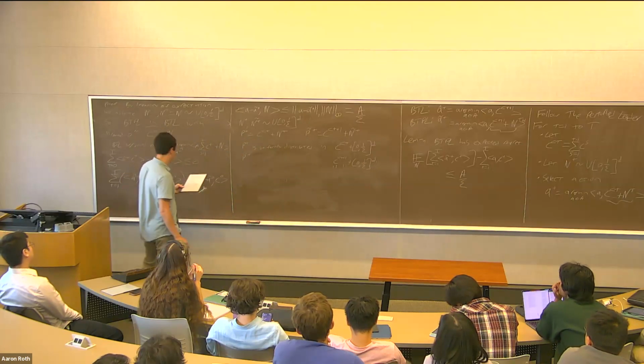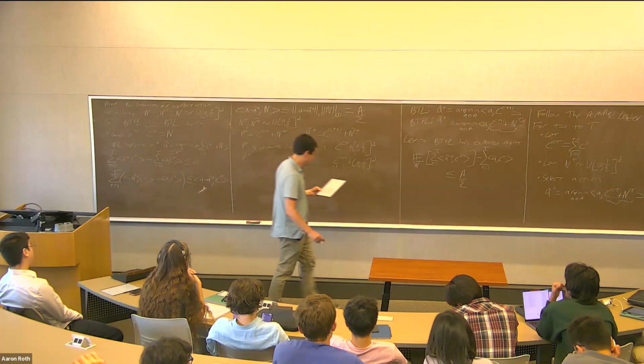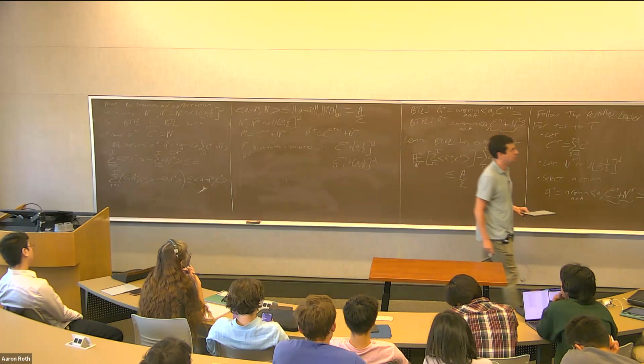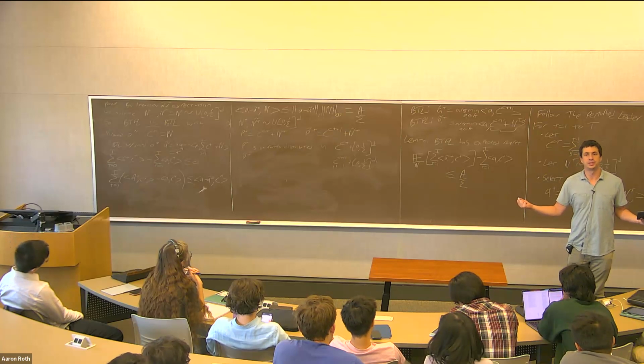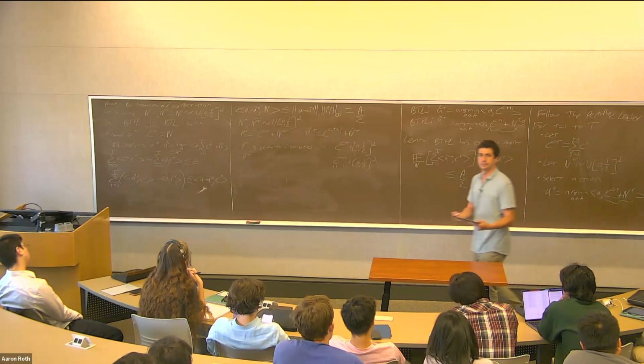And so the first lemma is that these two regions in which our cost vectors are uniformly distributed have large overlap.